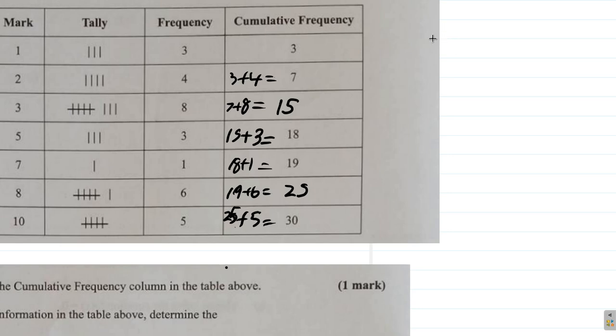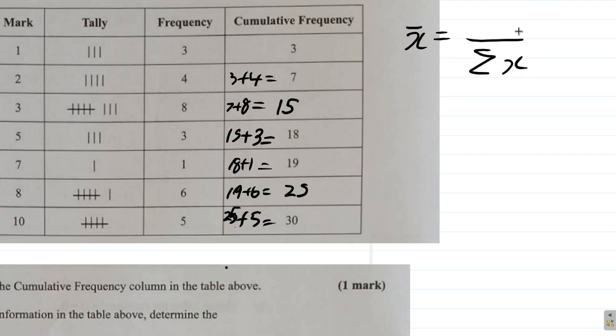So, you're going to divide by 30. One formula for the mean is to say x bar is equal to something over the sum of x.